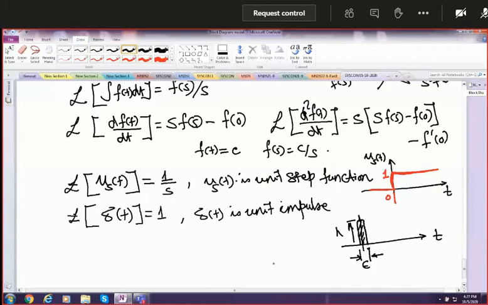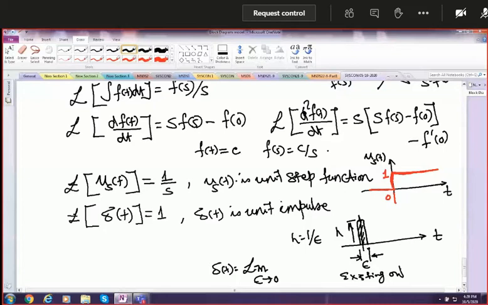The limit of this function as epsilon tends to 0 is delta. It exists only at t equal to 0, where the integration of delta t dt from 0 minus to infinity is 1.